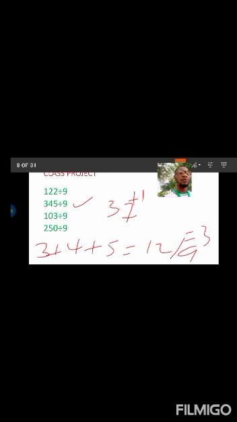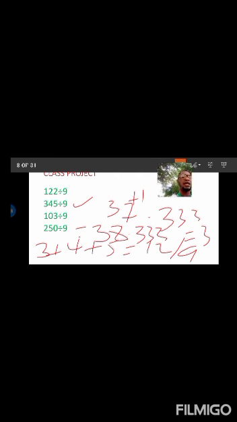Remainder 3. Point. 9 in 3 point. 3, 3, 3. So the answer is going to be 7 plus 1 is 8. So 38.333. And that's going to be your answer. That is your class project. Please take note. This is going to be your class project.